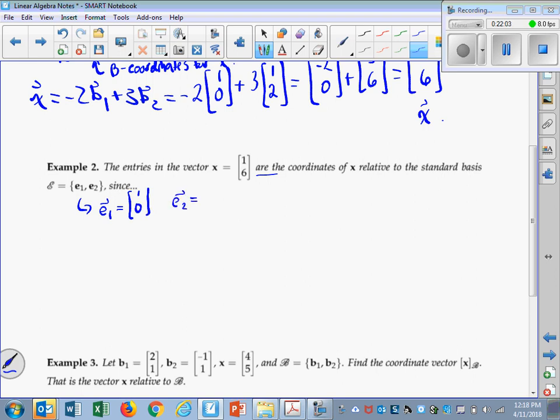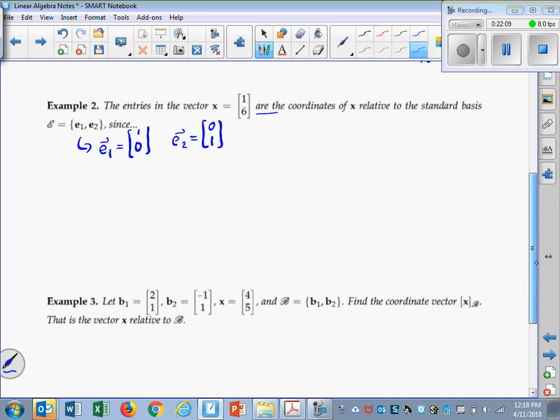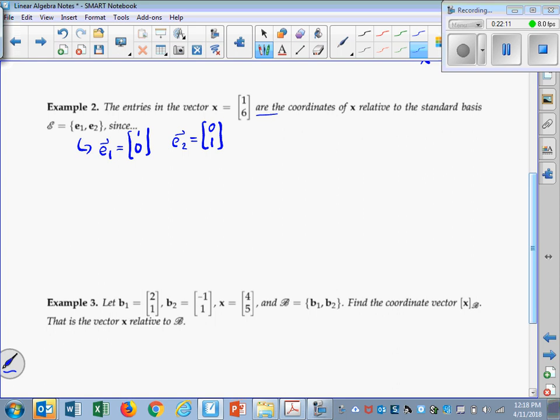And so that means that if I write x as 1, 6, then this is the same thing as taking 1 of e1 plus 6 e2. So this is just going to be 1, 0 plus 6, 0, 1.